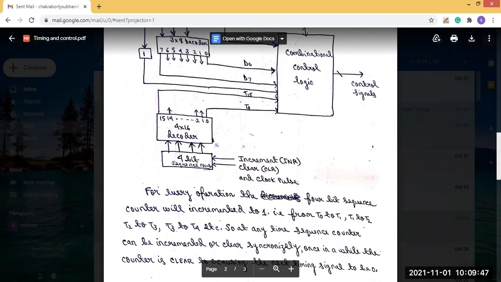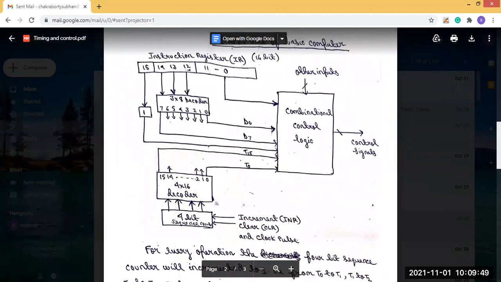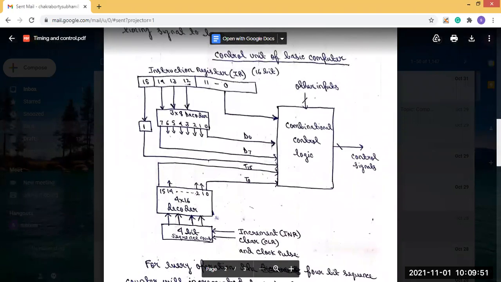Now, in the previous class, we covered the functional unit of the basic computer and how the instruction register is connected to the combinational control logic circuit. Both the input and output are limited, and the output goes to the combinational control logic.